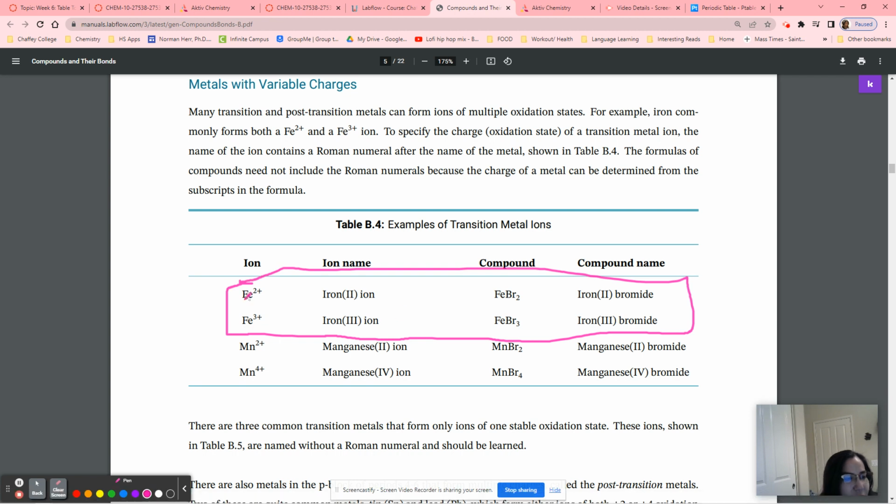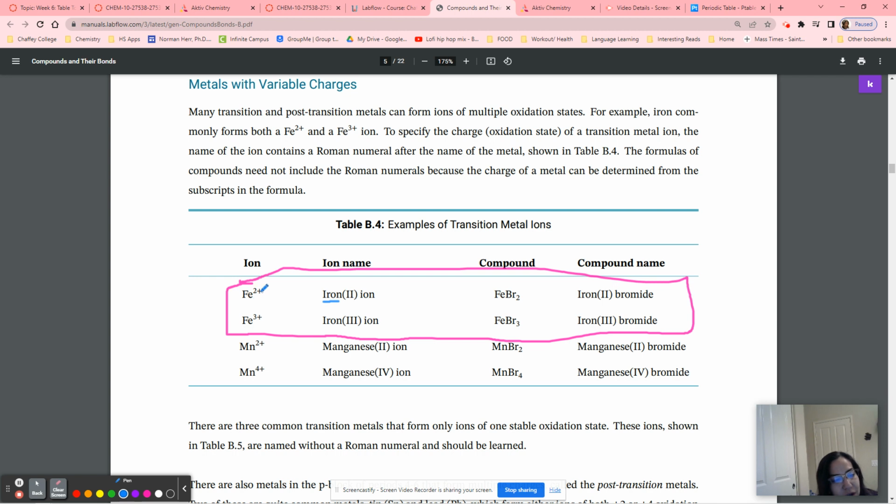Now, in iron, we have iron with a +2 charge, and we have iron with a +3 charge. Okay, so ferrous and ferric. So both of these are going to be the word iron because they're cations, right? So you're just going to give it its normal name, iron. And in parentheses, you're going to put the Roman numeral of the charge that it has.